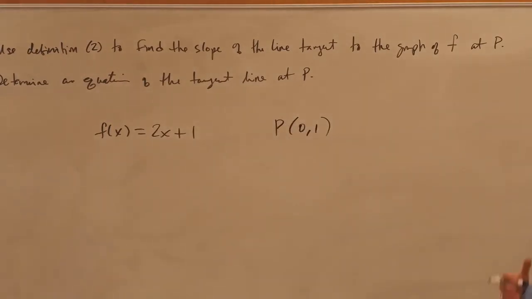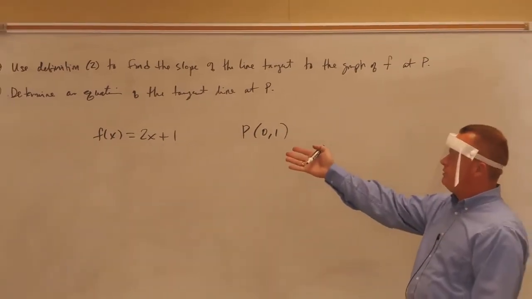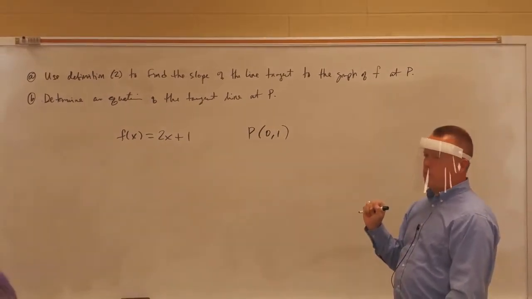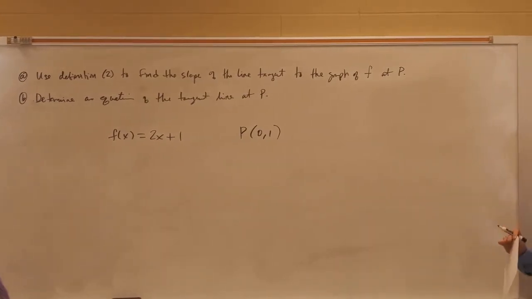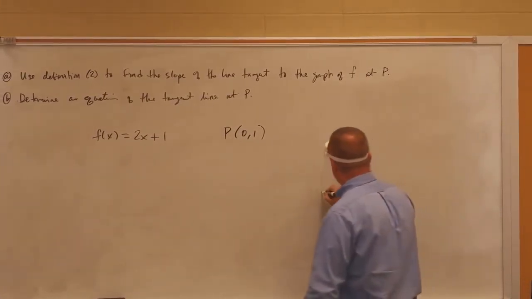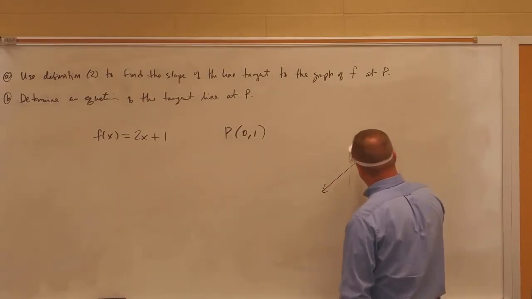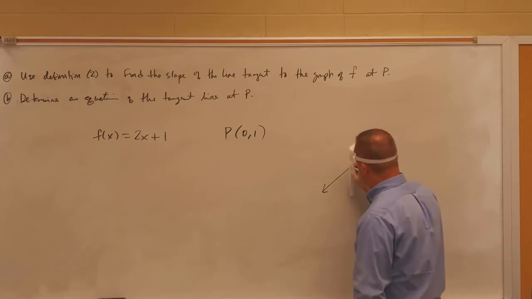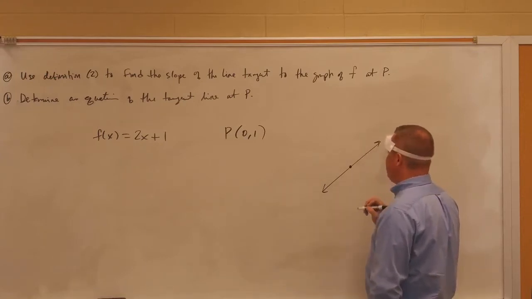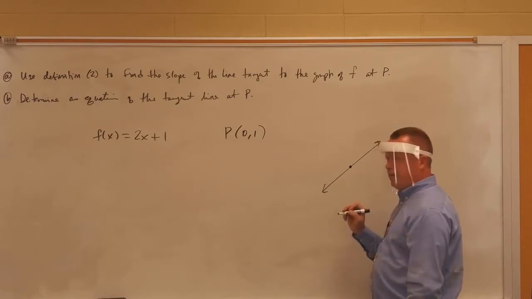Now before we work this one out, think about what we've got here. What is the graph of y equals 2x plus 1? What's the shape of that graph? That is a line. If you have a line and a point tangent to it, then what's going to be true about the slope of the tangent line?